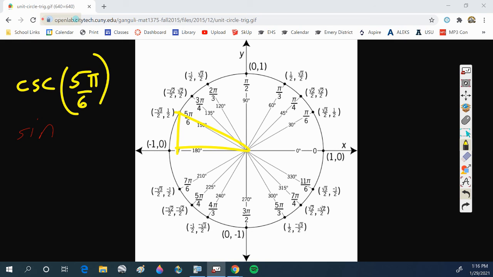And sine is 1/2, so what happens when I flip that 1/2 upside down? It just becomes 2. 1 over 2 flipped upside down is just 2 over 1. So this is 2. Okay, think you can do that? I believe in you. Get to work.